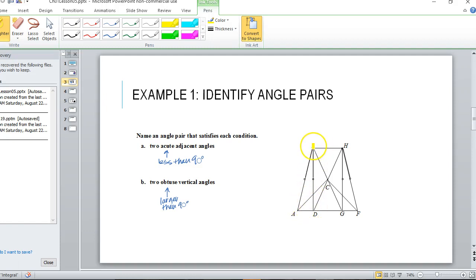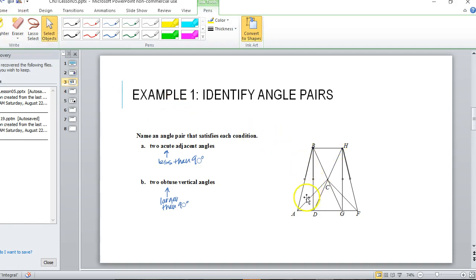Let's start with BCH. What could be a common angle with BCH that is acute? Is there anything? I have a vertical angle with BCH. It's an acute angle, but I don't see anything that would go with that one, so let's try another one.